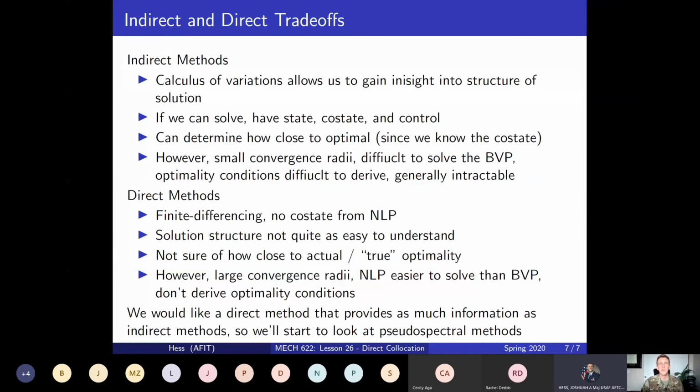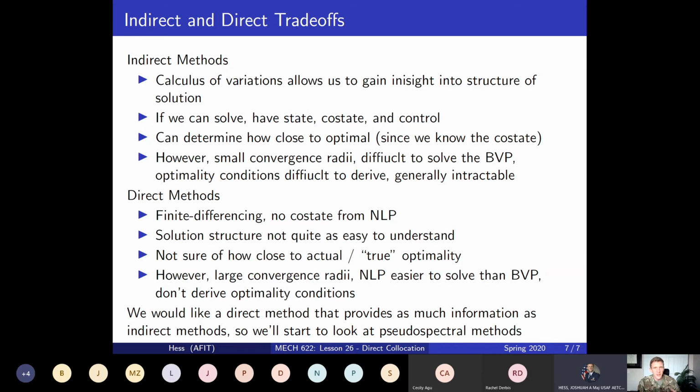If I have stable states for a linear system in forward time, co-states are unstable in forward time, because my eigenvalues are negative for stable, and since we have minus A transpose, my eigenvalues would be positive, giving me unstable. For the problems we want to solve, they are difficult to derive. Generally, they're intractable. But if we can get a solution, that's wonderful.